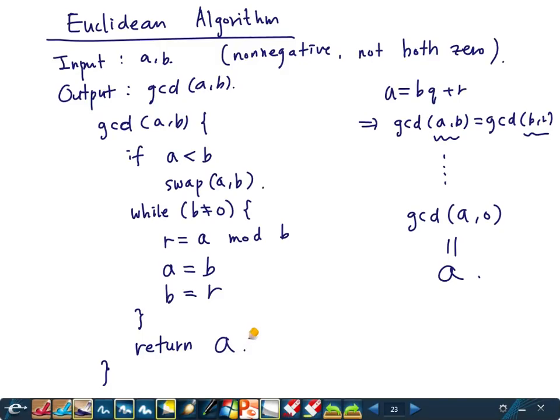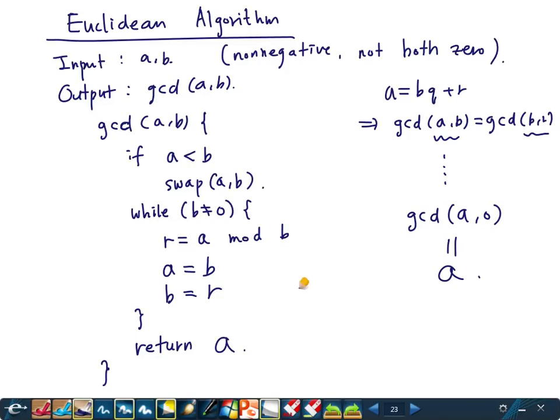This algorithm finds the GCD very quickly without doing prime factorization, because the numbers decrease very quickly. Is this okay?